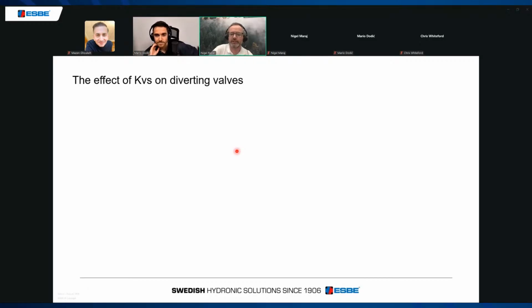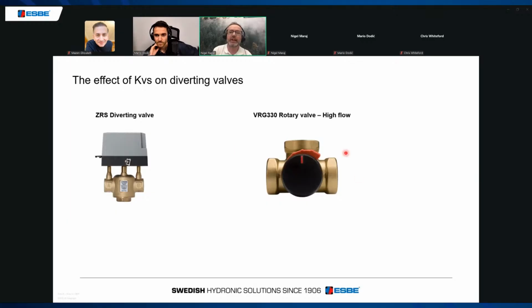Yes. So what effect does that have? We're going to compare two ESBE products here that can be used for diverting. Our highest performing diverting valve, the 330 range, has the highest KVS. The ZRS range is 5.7. We're going to take a nominal flow rate of 30 litres a minute, that's a typical 10 kilowatt heat pump flow rate.